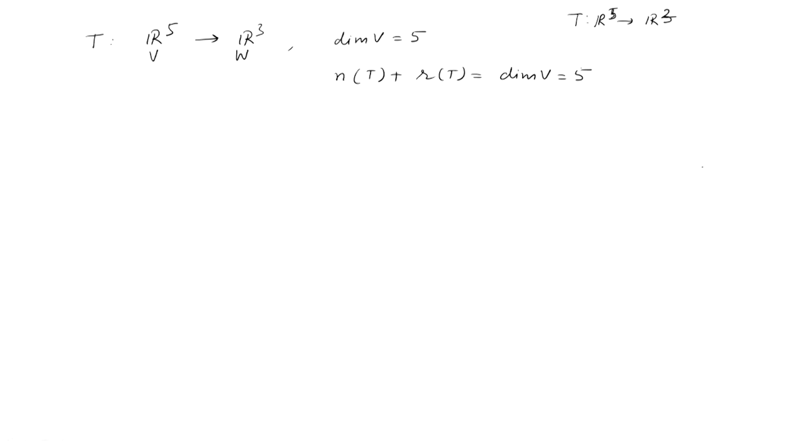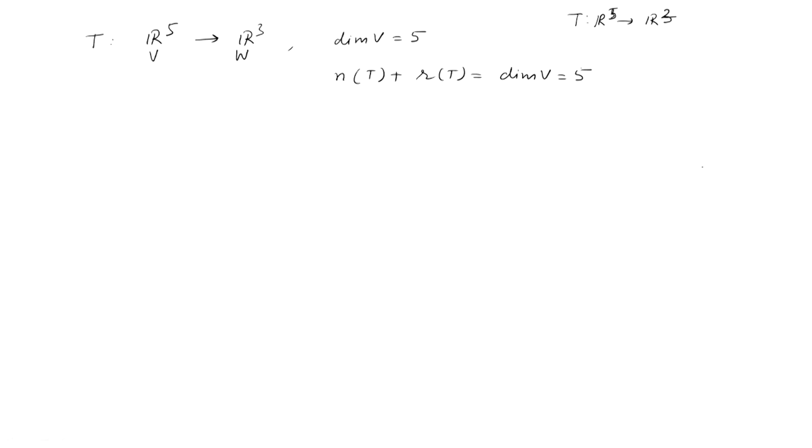If this T is 1 to 1, we know that T is 1 to 1 if and only if nullity is 0, or the null space contains only the singleton set {0}. So, if T is 1 to 1, then N(T) will be 0. This implies from here rank of T will be 5, which is not possible, since the maximum value of rank of T is 3.